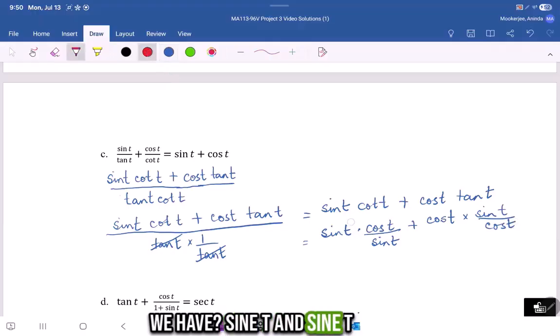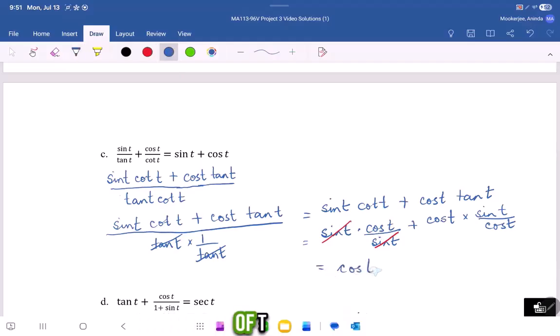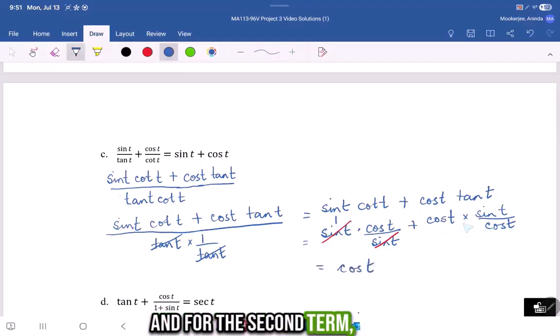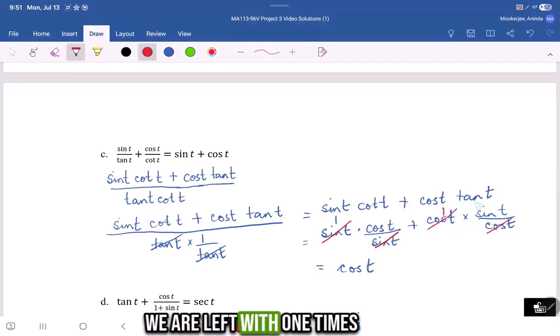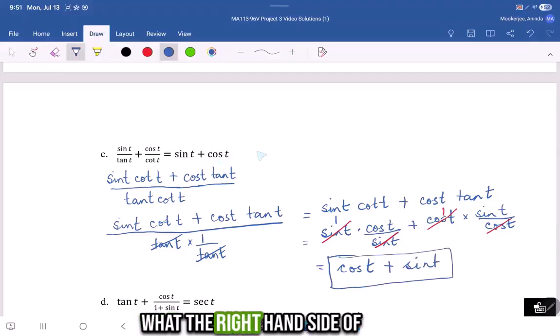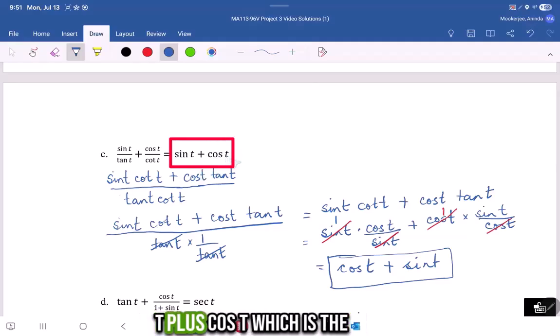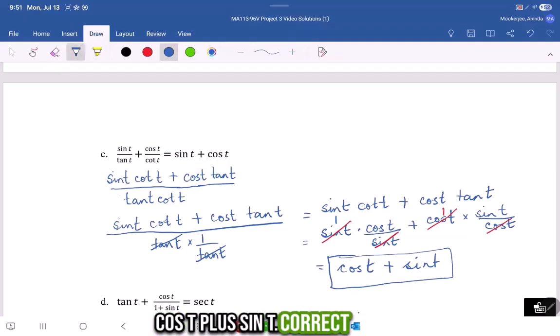Sine t and sine t divide. So we are left with cos t for the first term, and for the second term, cos t and cos t divide, and we are left with 1 times sine t, which is plus sine t. And that is exactly what the right-hand side of the identity is. They have sine t plus cos t, which is the same as cos t plus sine t, correct?